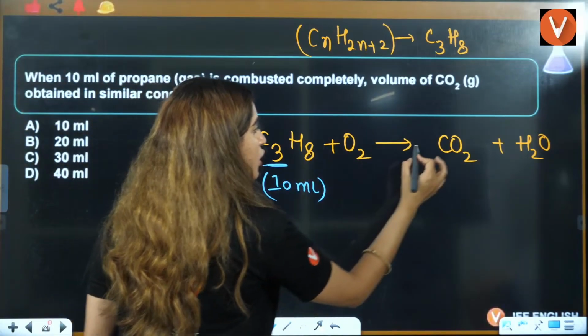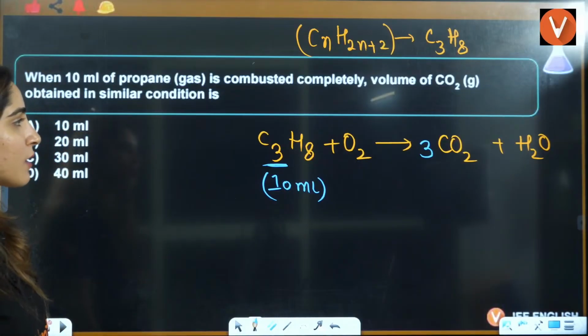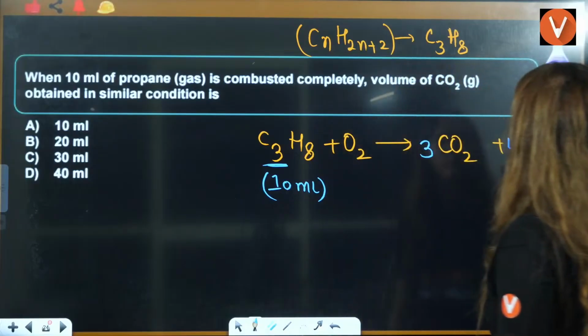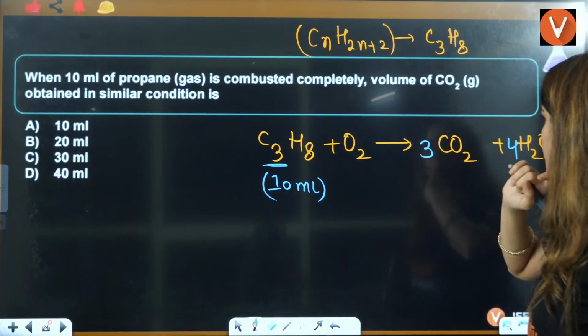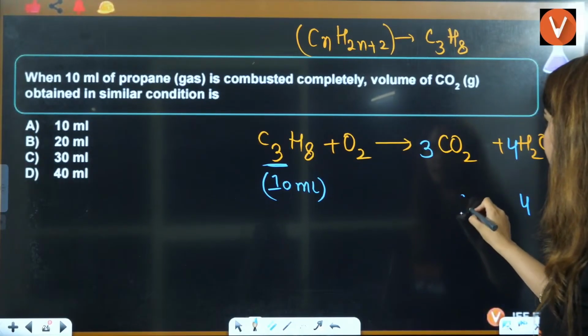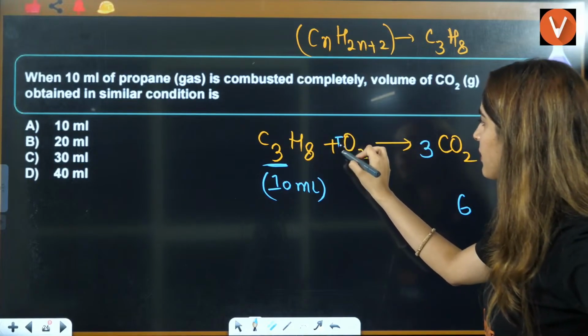This is 3, so this will also be 3. 3 carbons, 3 carbons. Oxygen is how much? This is 8, so this has to be 4. 4 into 2, 8. Now oxygen is 4 here, and 6 here. 6 plus 4, 10. That means this will be multiplied by 5.